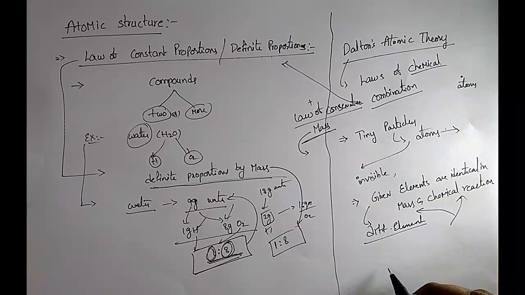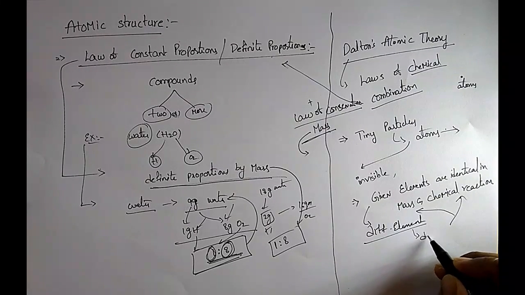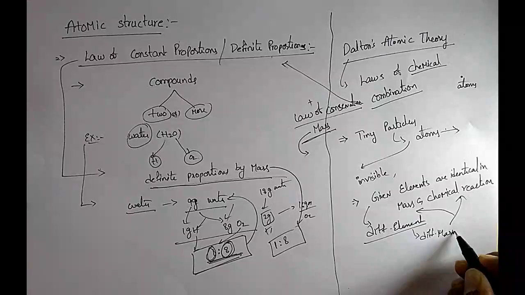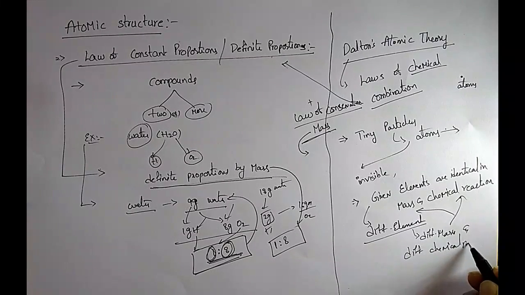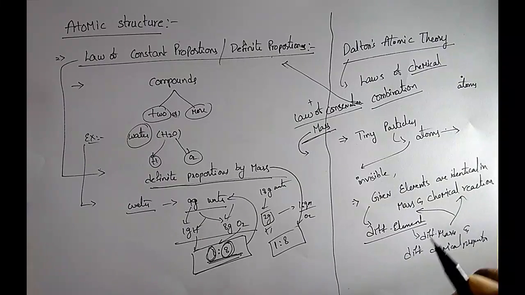Atoms of different elements have different masses and different chemical properties. This is Dalton's theory.